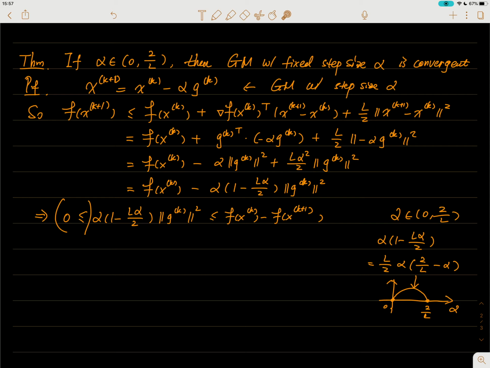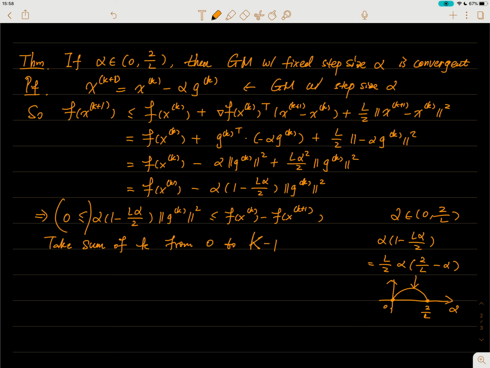The function value is non-increasing. So another thing that we can use is, what if we take the sum of this over k from 0 to, say, capital K minus 1?